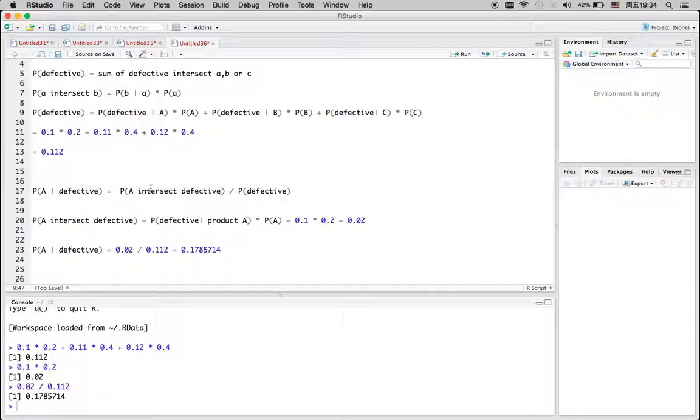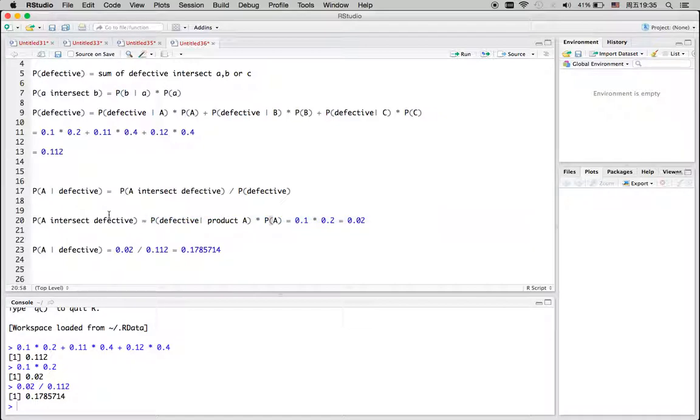And now if we want to calculate the opposite, which is given a product that is defective, what is the probability that this product comes from product group A, then as we use the multiplication rule of probability, we can find that this probability will be the probability of A intersect B divided by the probability of B. And now we already calculated the denominator in the previous example. So now we just need to take care of the numerator. As we expand the numerator, we can also use the multiplication rule.